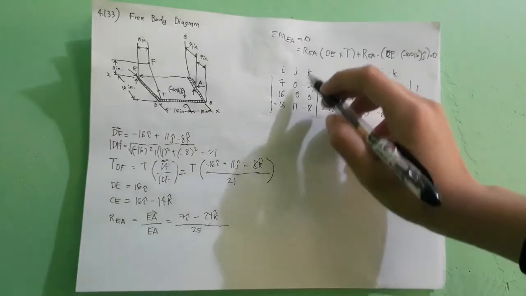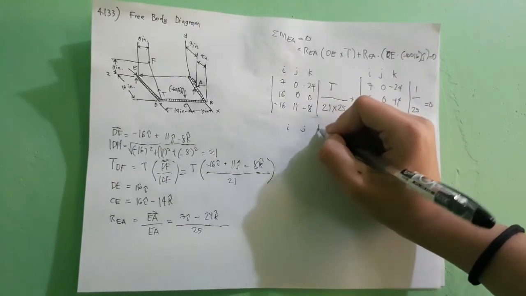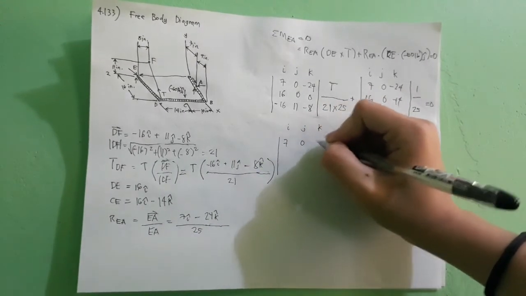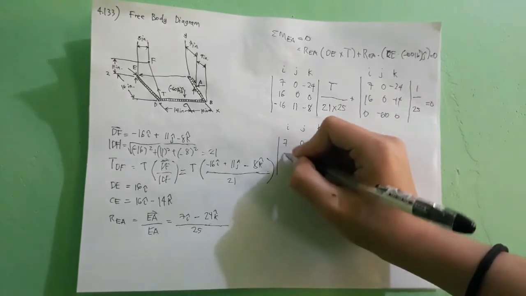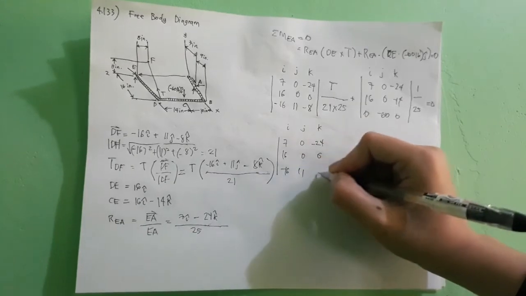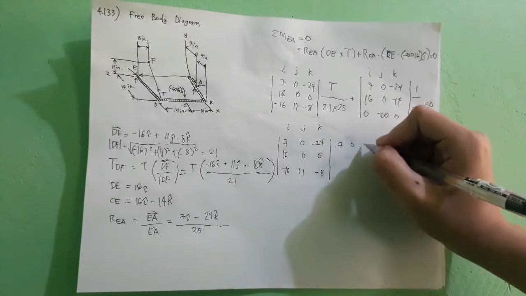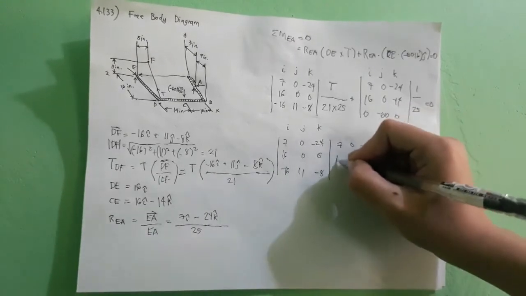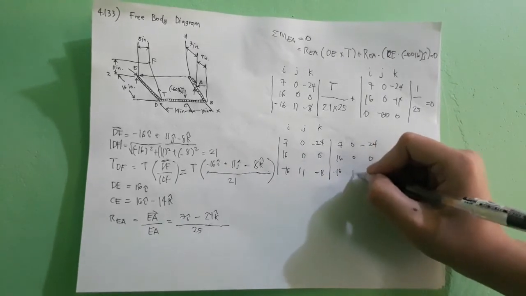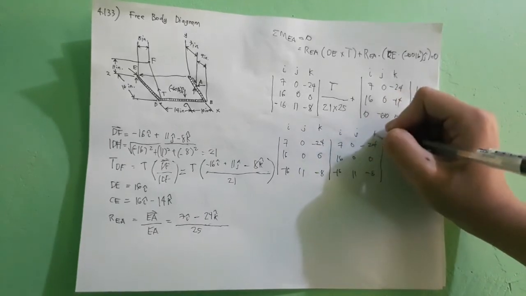We need to solve this first. The matrix i, j, k; 7, 0, negative 24; 16, 0, 0; negative 16, 11, negative 8.